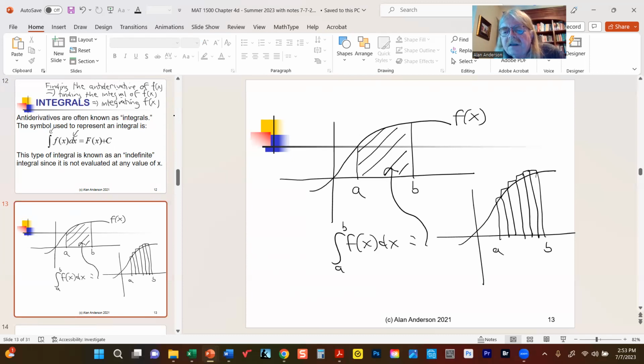The heights of these rectangles would be f of x. The width is what we're going to call delta x. The area is the sum of the areas of the rectangles.